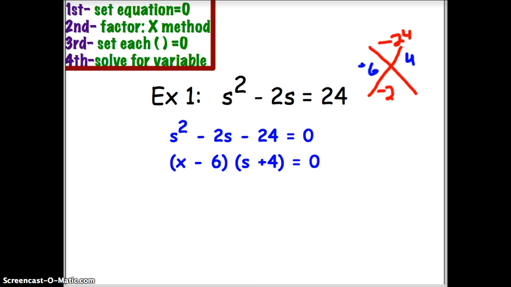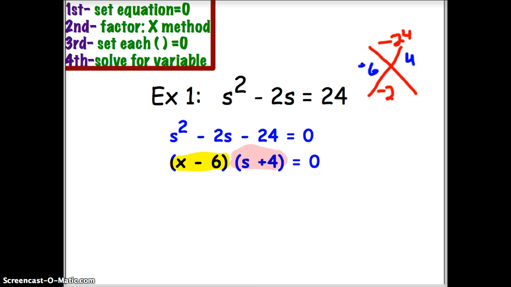Now, zero product property says if you have two things multiplying to equal 0, one of those two things has to be 0. So either s minus 6 is 0 or s plus 4 equals 0. We're going to have to work through both cases.